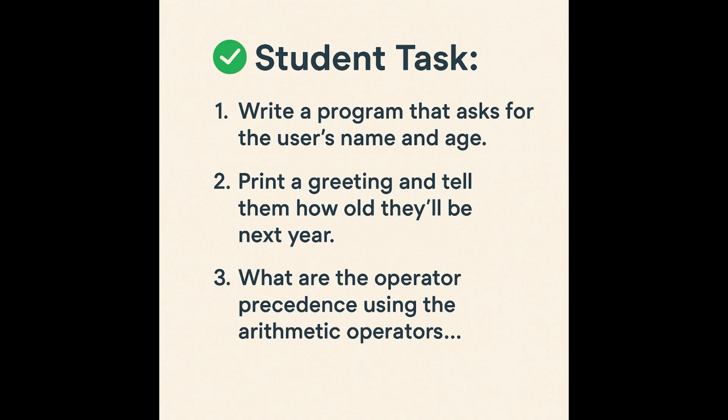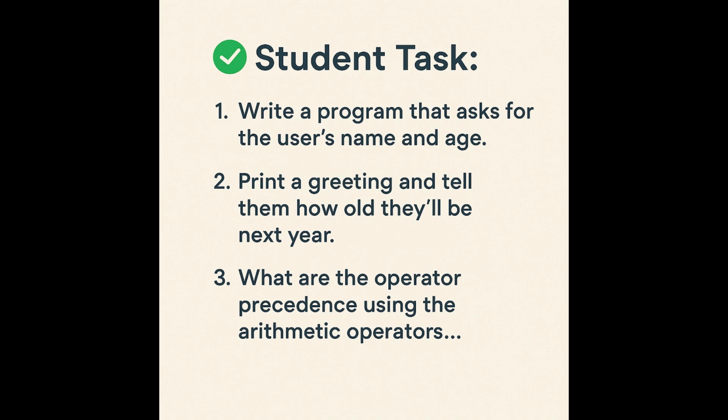Write a Python code that is going to print a greeting message to the user, and then it's going to tell the user how old he is going to be in the next year. Try changing variable names and adding new input fields to see what it's going to look like. So that is your task after today's lecture.